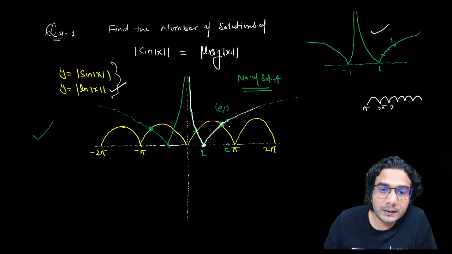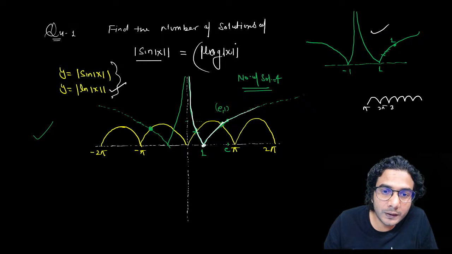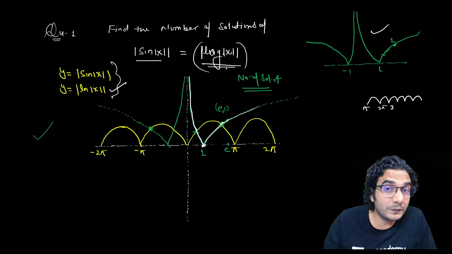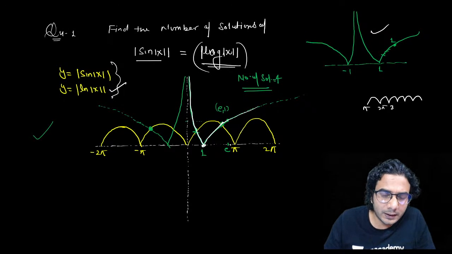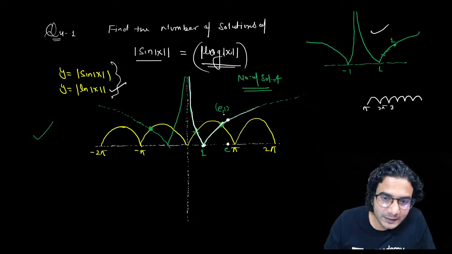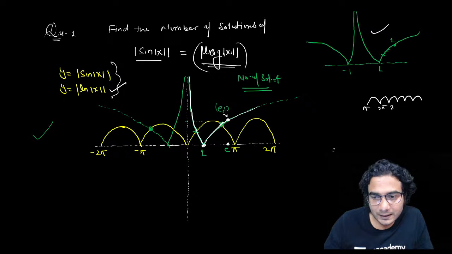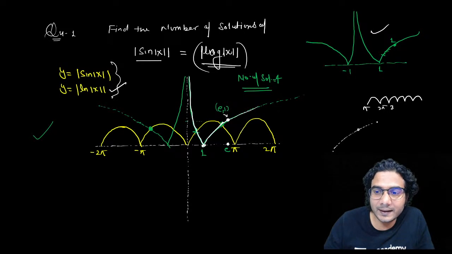In this equation, we always look for the value where log of x becomes 1, and that value is e. For x equal to e, log of x will become 1. Because this graph is increasing, when it crosses 1, it will not meet sine x again, because the maximum value of sine x is 1.